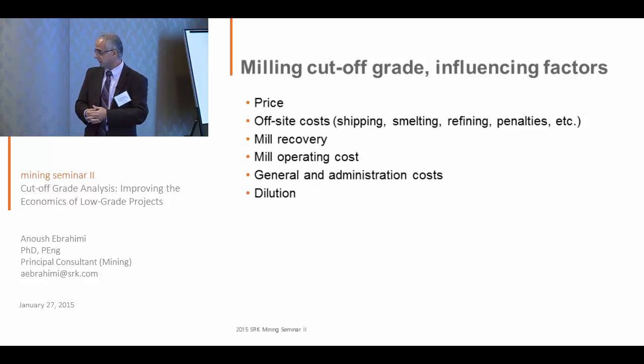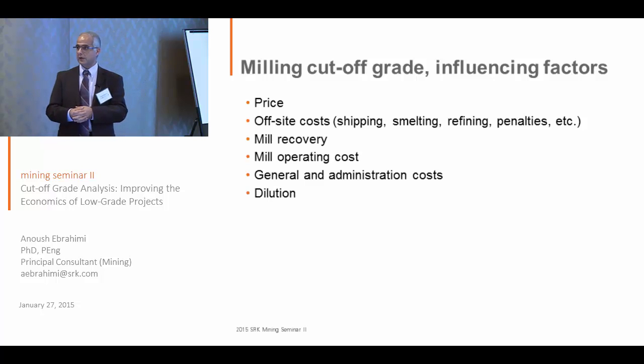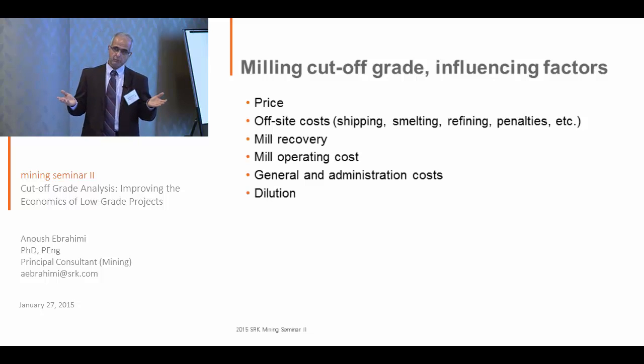It's really not easy to pick a price in this market and base the design on that. But it's important to know that this has a big effect on your mine design. We are talking about, let's say, a billion tons of ore versus 700 million tons of ore, if you choose $3 or $2.50 per pound copper.